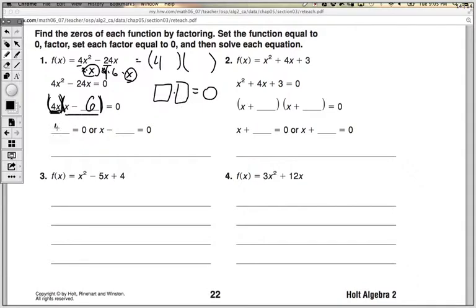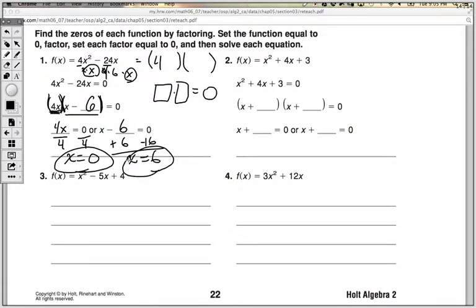So we could say this one equals 0, or x minus 6 equals 0. Now we've got a couple of equations. Finishing them out, if I divide by 4, 0 divided by 4 is 0, so x equals 0, or x minus 6 equals 0. For x minus 6 equals 0, we would add 6, and you would come up with x equals 6. So these are your roots.